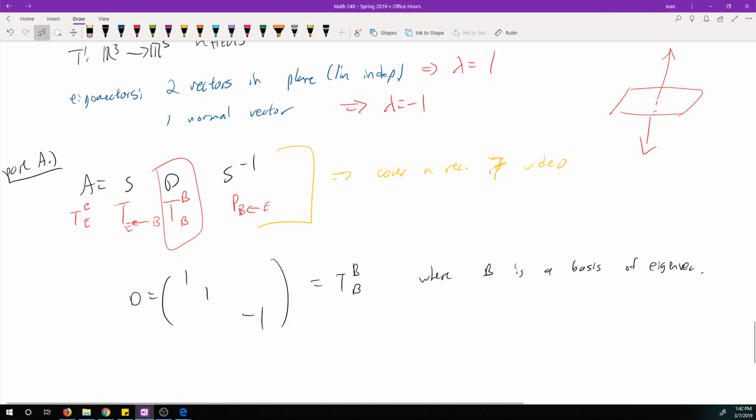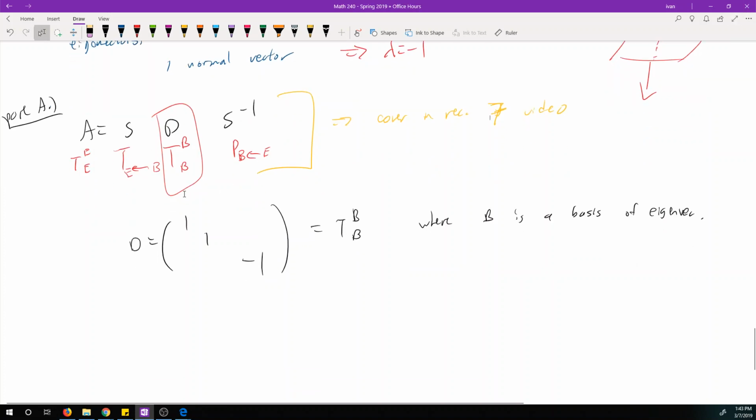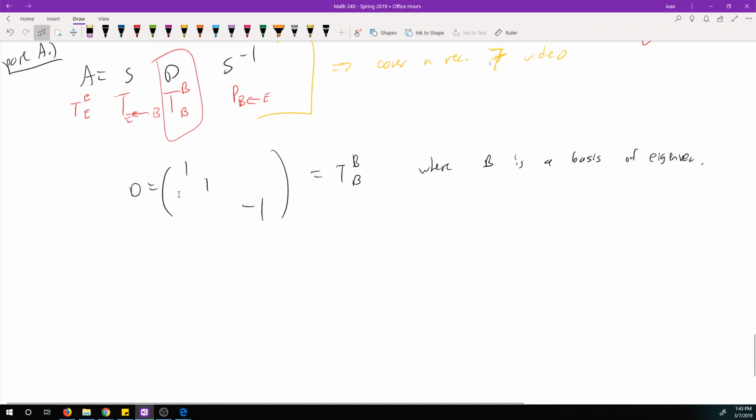Part B is to find the matrix relative to the standard basis. Essentially you want to find the matrix A. So now you actually have to find some eigenvectors and multiply it out. A is equal to S D S inverse, and A is really T_EE, with respect to the standard basis.